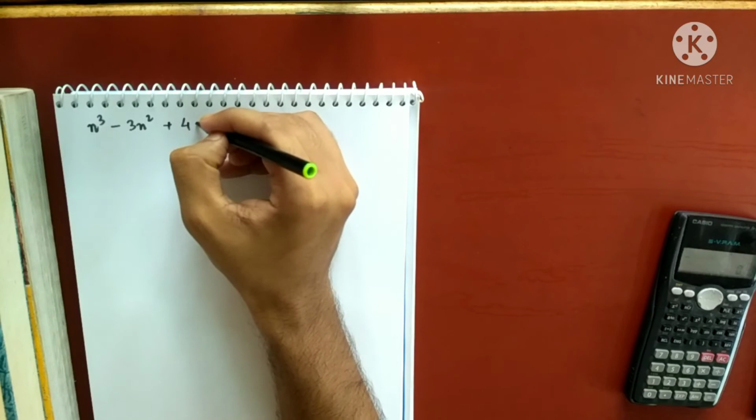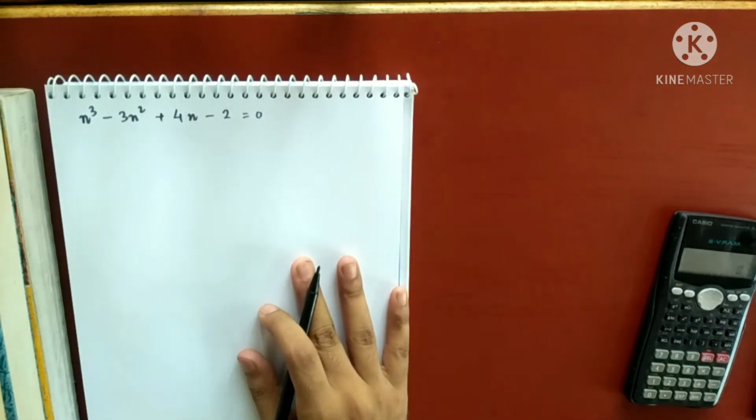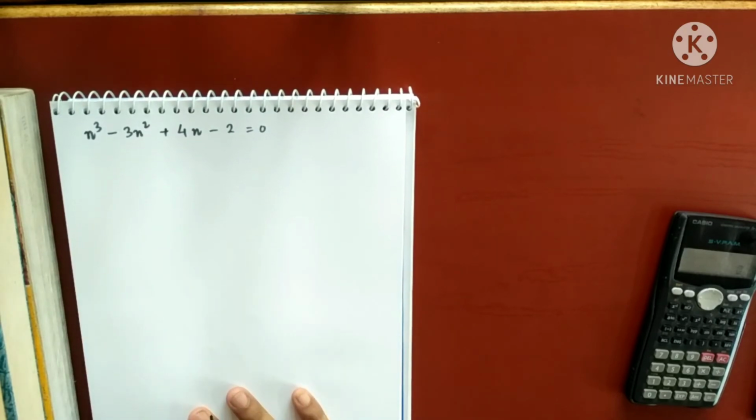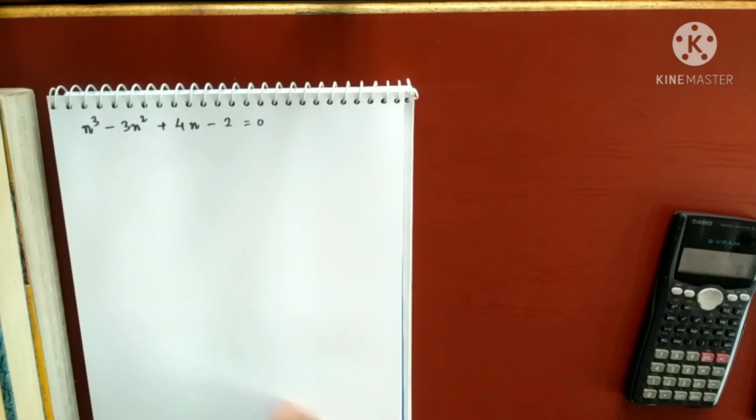So this is a cubic equation in n. We don't have any general way of solving a cubic equation for the time being. So what we'll do? We'll use the method of substitution, or hit and trial method. Basically, you'll put some values of n and let's see whether it is giving us 0 or no.